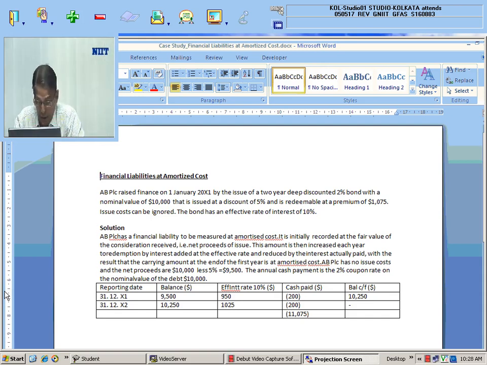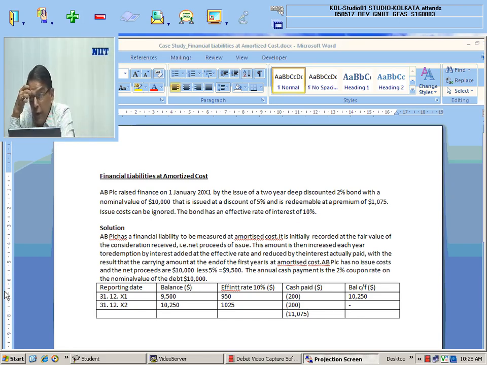Now, using the effective interest method, the effective interest rate is 10%. The amount payable on the bond is how much? On the amortized cost of the bond, 950. But the actual interest paid to the bondholder in the first year is 200. So the difference between 950 and 200 will be added to get the amortized cost at the end of the first year.